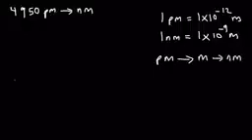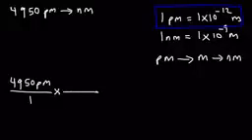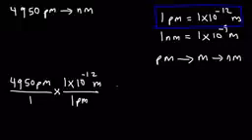So let's begin. Let's start with what we're given. 4950 picometers over 1. And then let's convert that to meters. So let's use this conversion factor. So we have 1 picometer and then 1 times 10 to minus 12 meters.